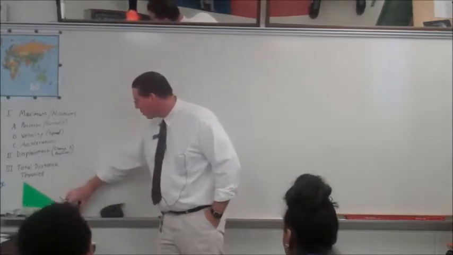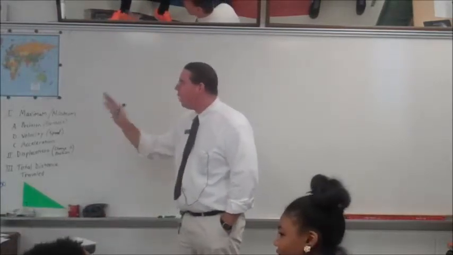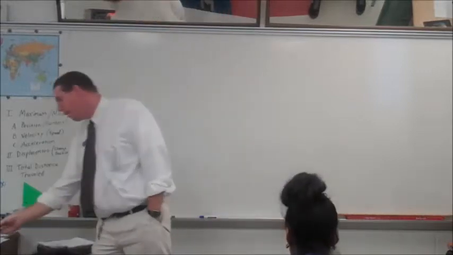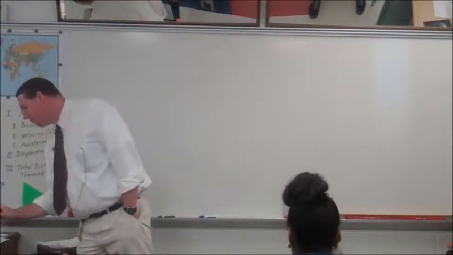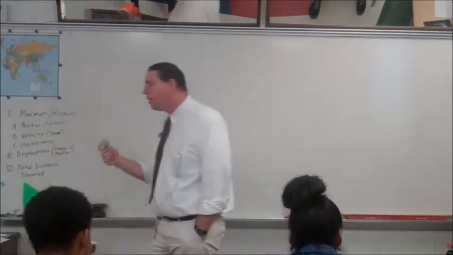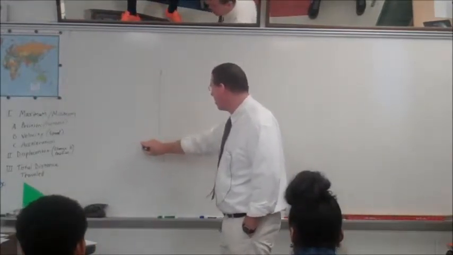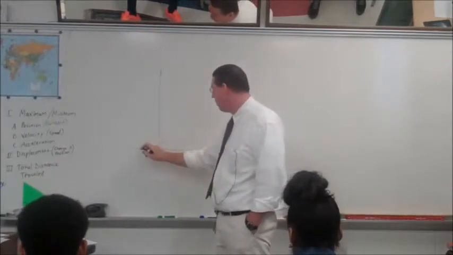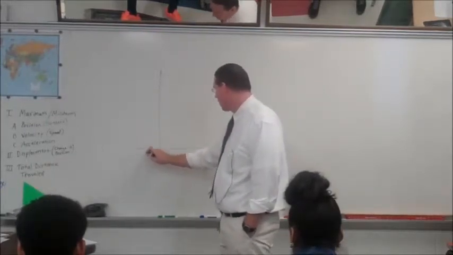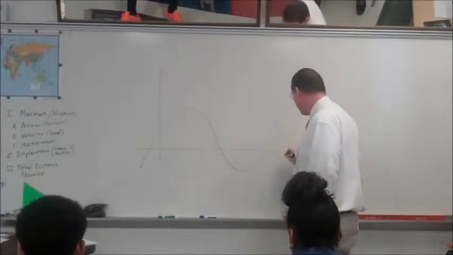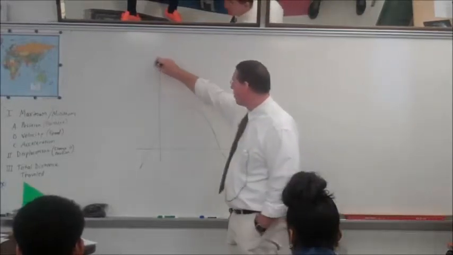Okay. All right. So let's talk about how one would identify the maximum velocity or the minimum velocity. Let's say that we had a graph here, and this is a graph of velocity. This is time, and this is velocity.